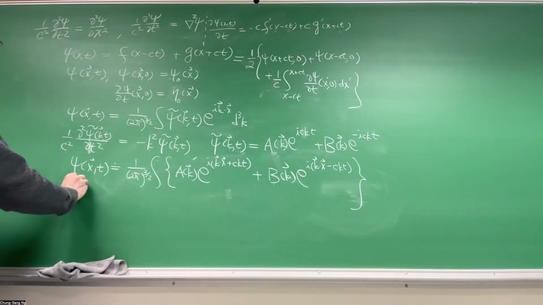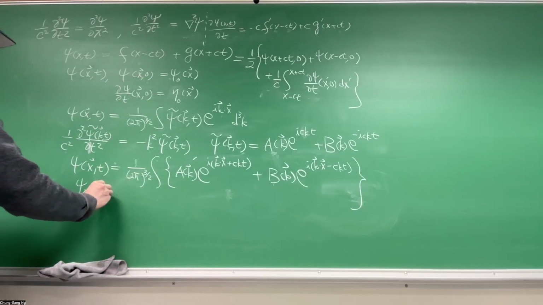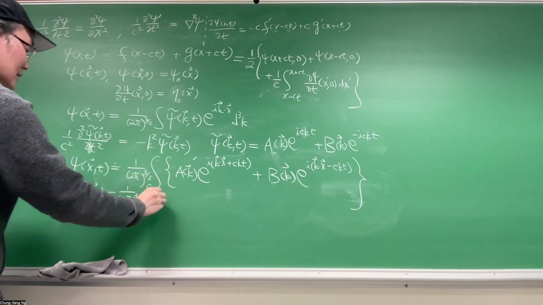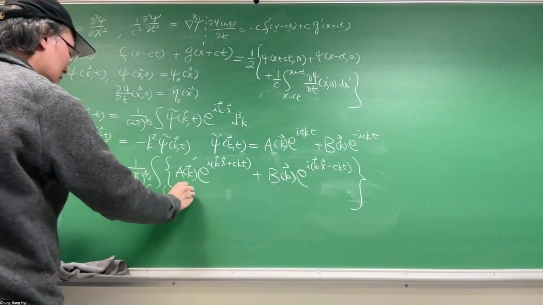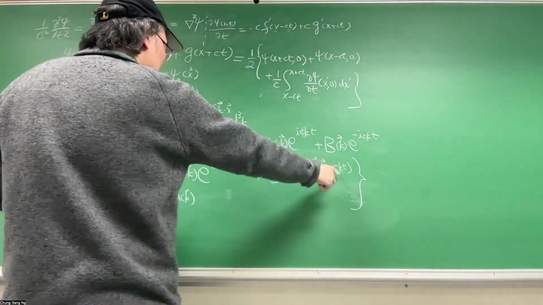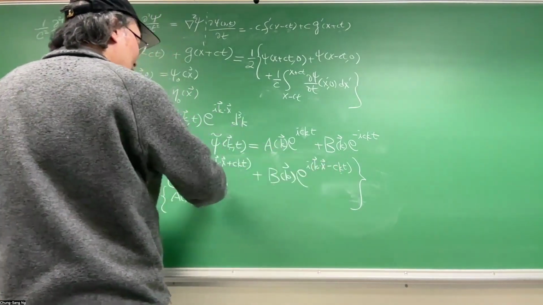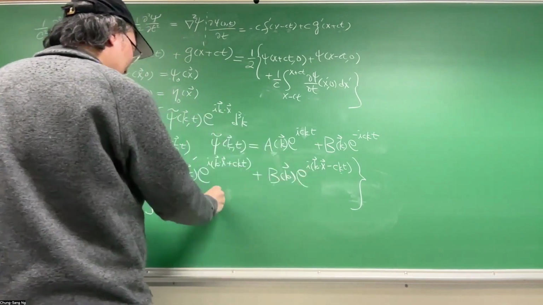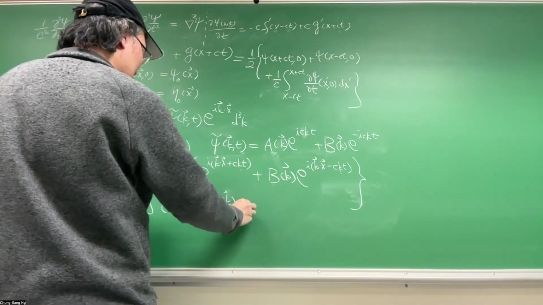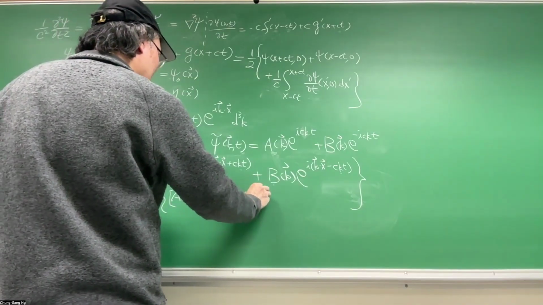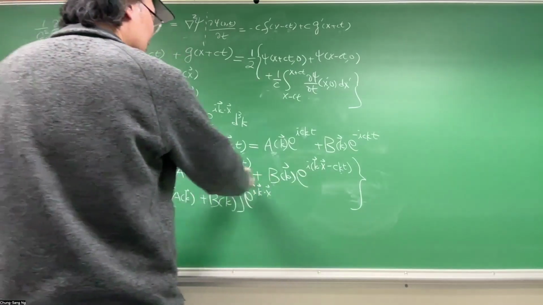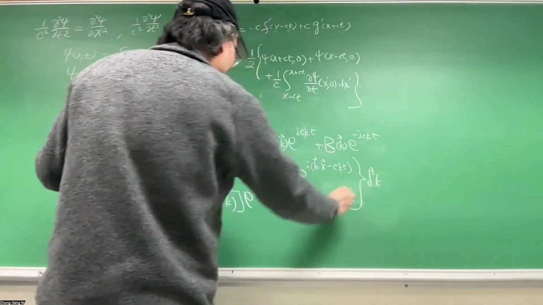When you set t to 0, psi of x, 0 is given by this. You have this a, and then set t to 0, and you can combine the two because both now are e to the i k dot x, right? Plus b of k e to the i k dot x. Wait, I forgot the integration variable. This is d cubed k.